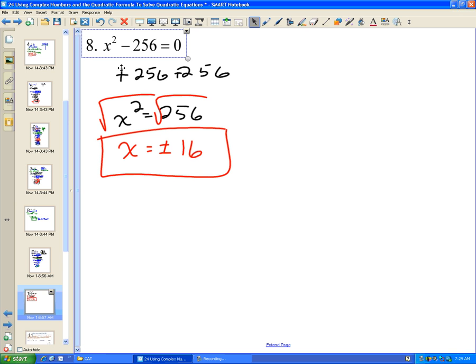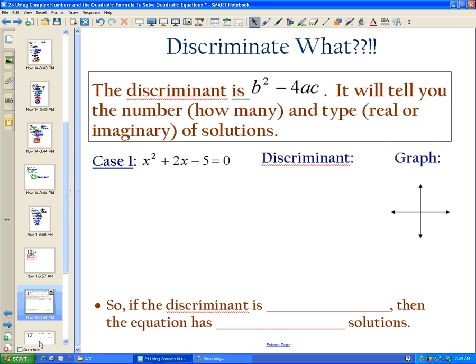Let's see what's on the bottom of this page: the discriminant. The discriminant is b squared minus 4ac. If you remember, the quadratic formula is x equals negative b plus or minus the square root of b squared minus 4ac, all over 2a.